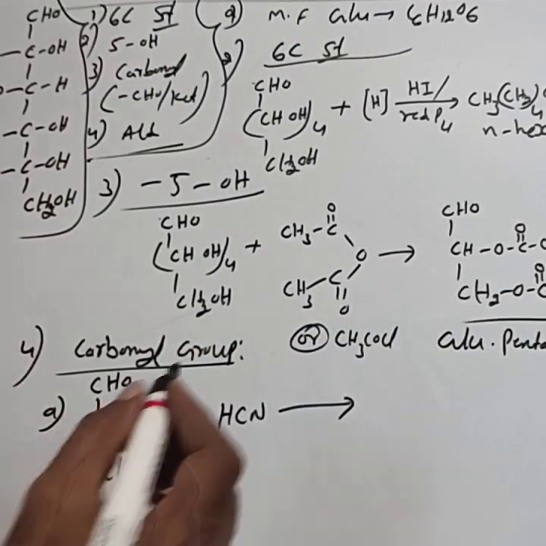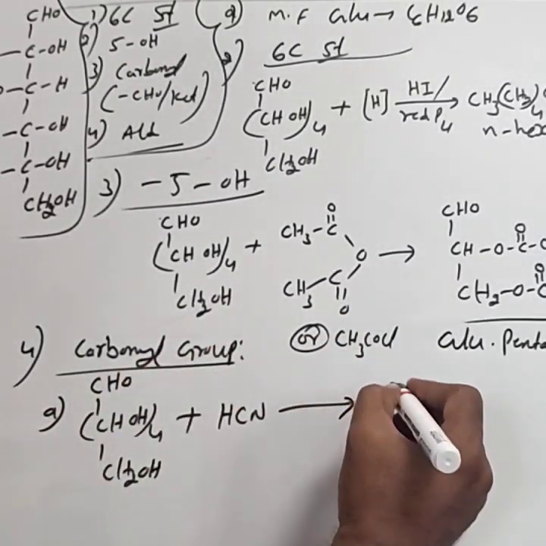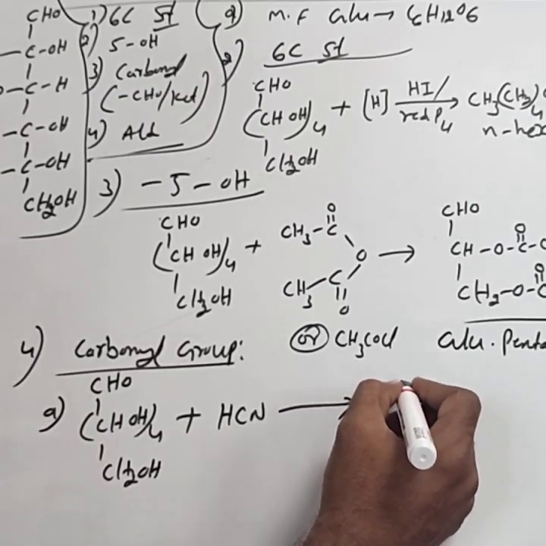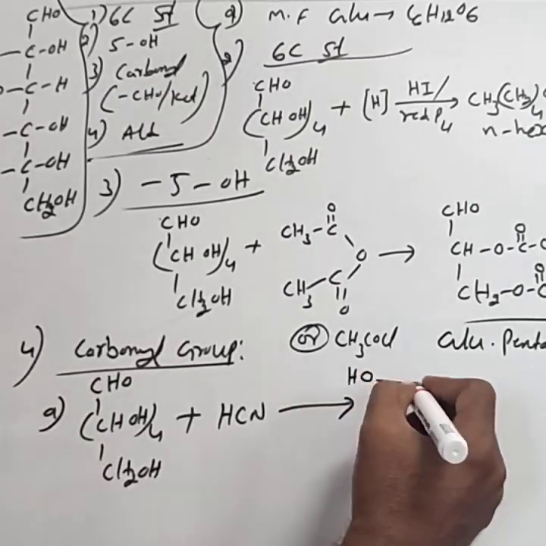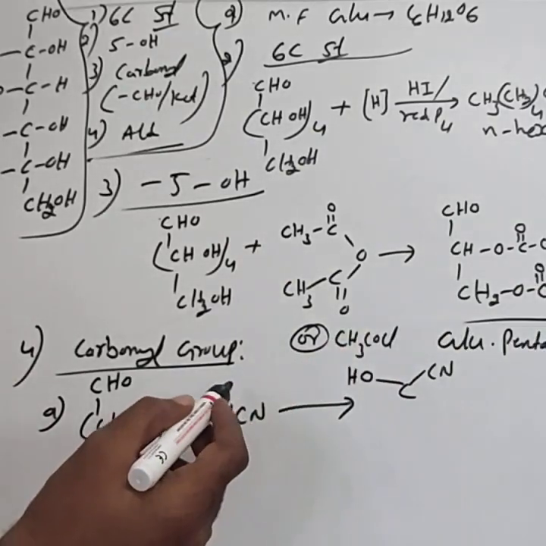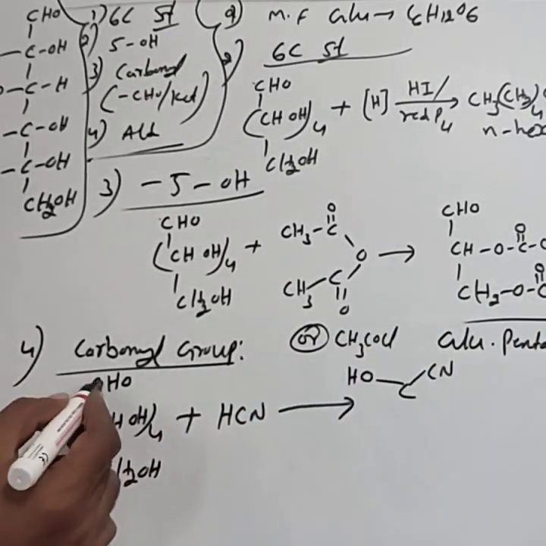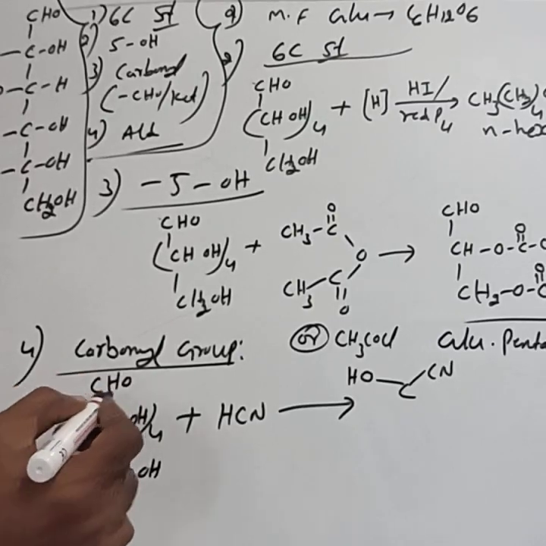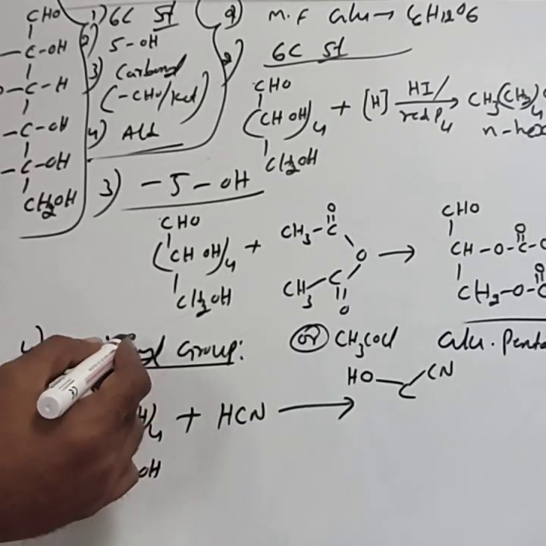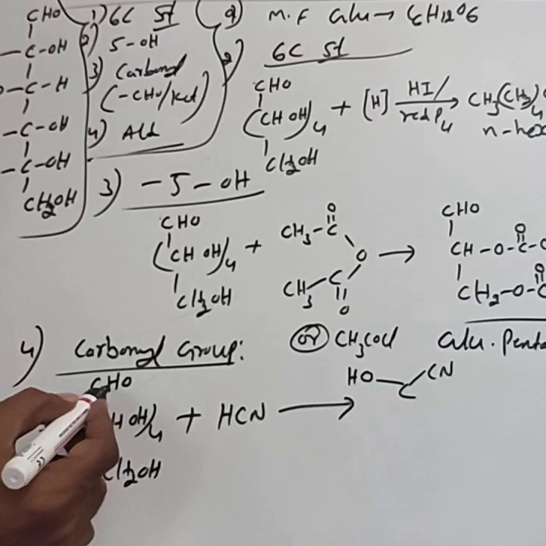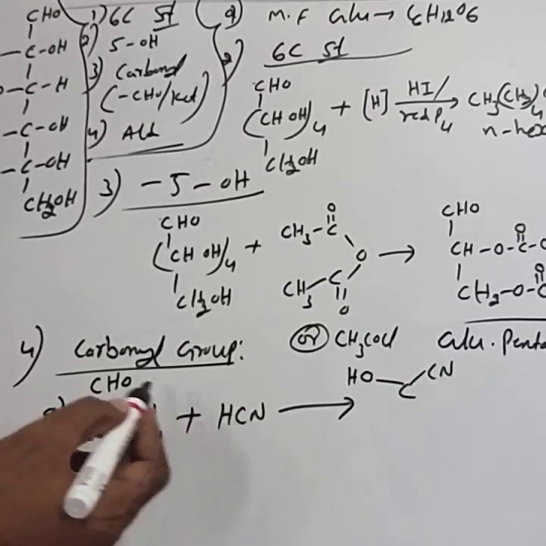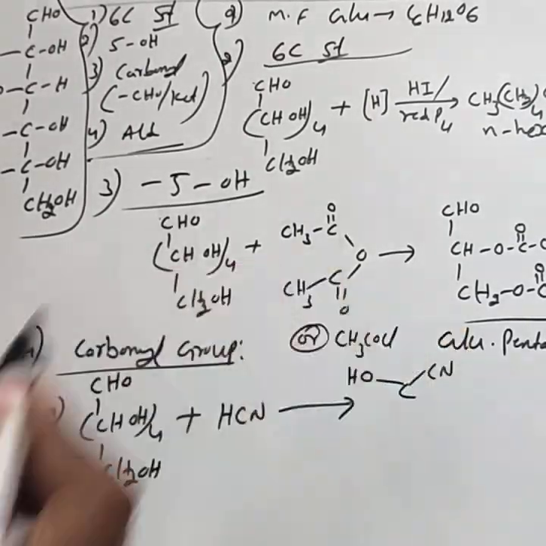Glucose cyanohydrin is formed, that is CHOH CN. In the aldehydes chapter, we have to write the mechanism also. This is the cyanohydrin, formed only at the aldehyde. Carbonyl group means either aldehyde or ketone.